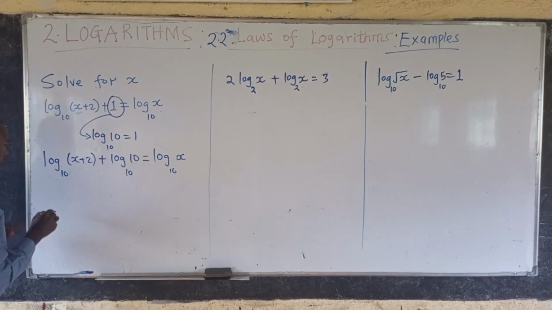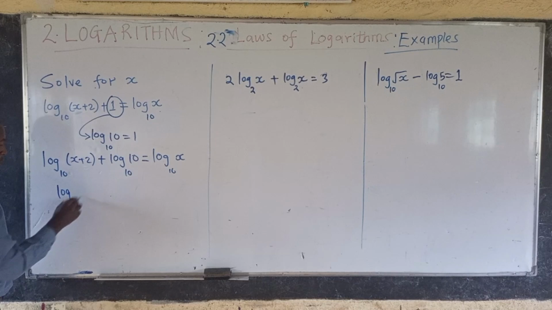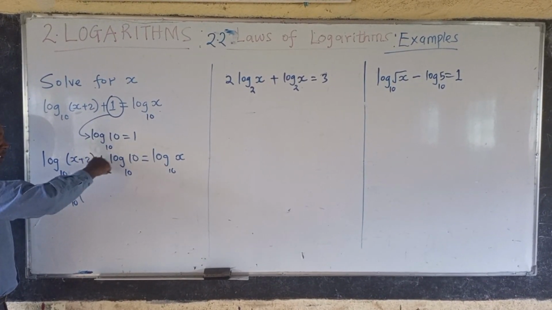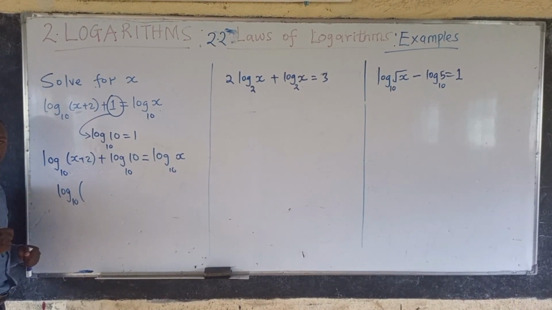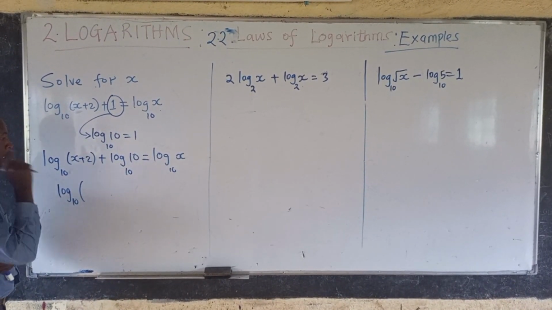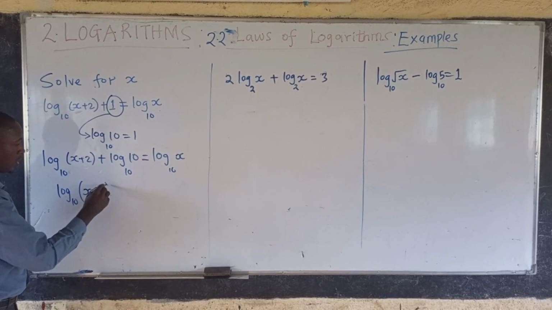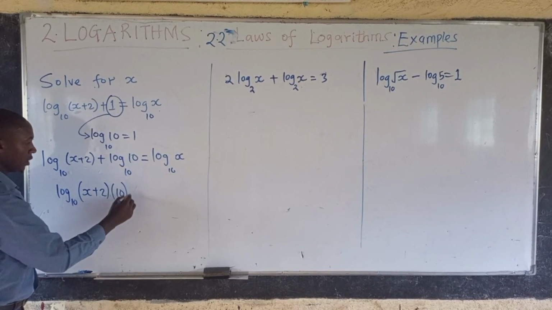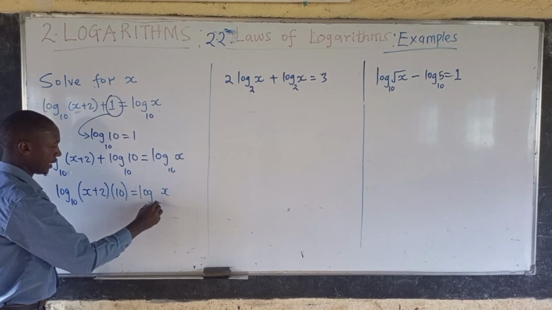Since this is an addition, we're going to have a product, so log to base 10 of (x plus 2) multiplied by 10 is equal to log of x to base 10.